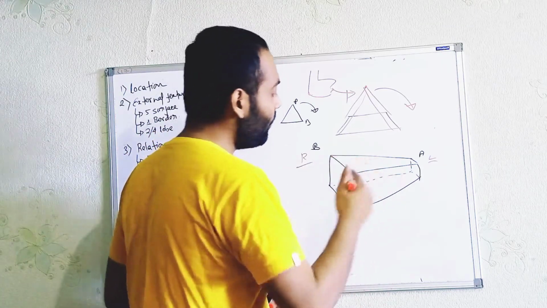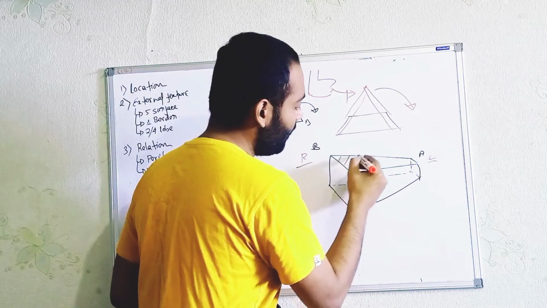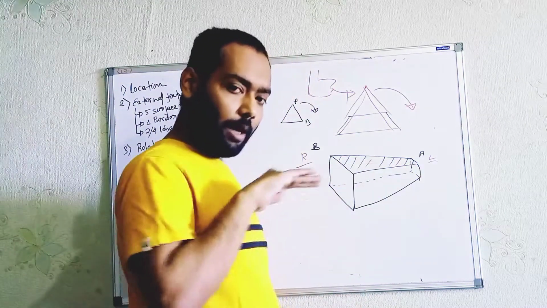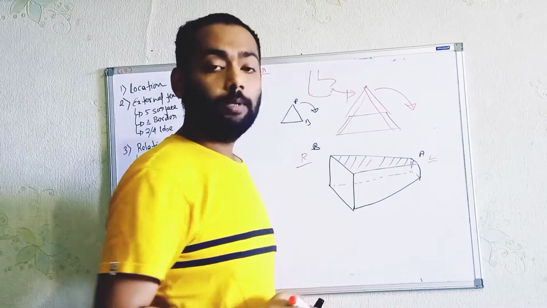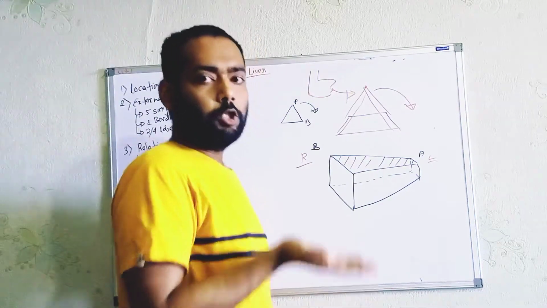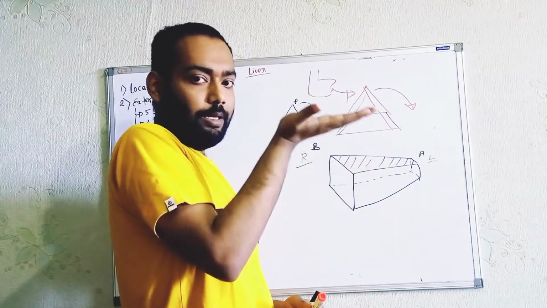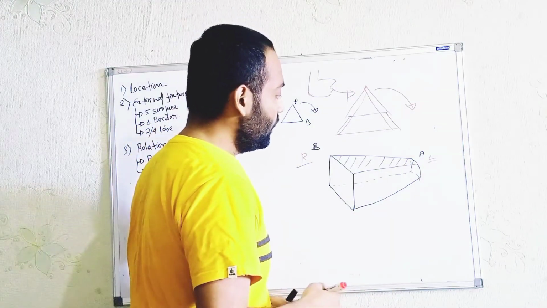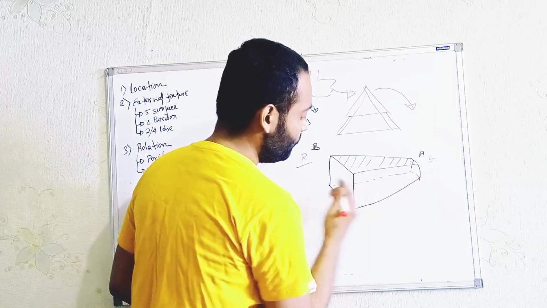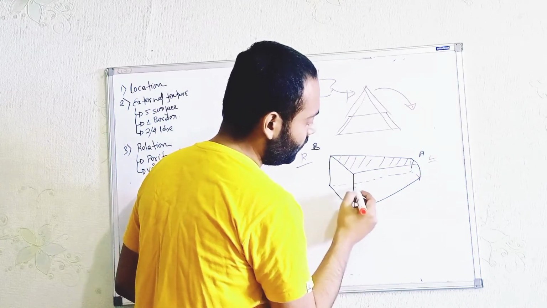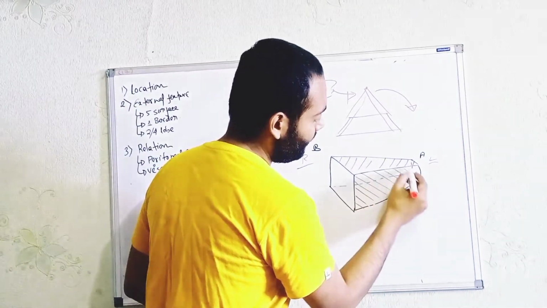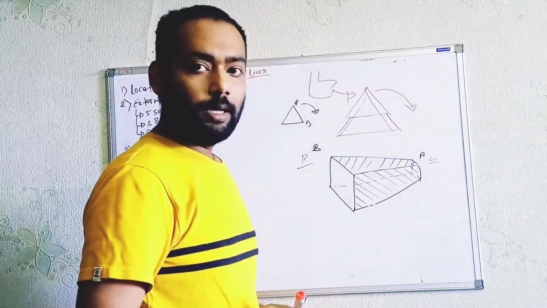So this upper part, now think about this upper part. What will be there? What is upper? We know superior. Superior is upper. Claro. Now think about this one. What is this?